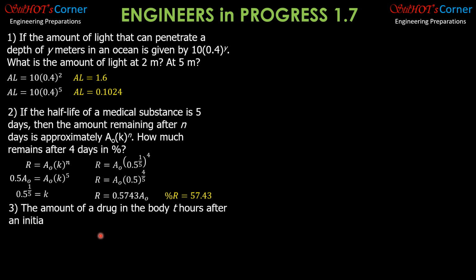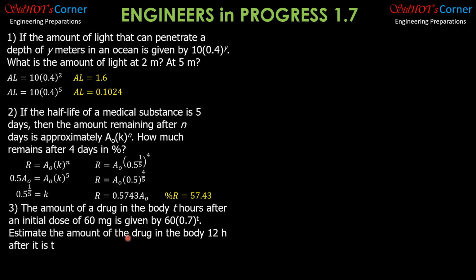The amount of a drug in the body T hours after an initial dose of 60 milligrams is given by 60 times 0.7 to the T. Estimate the amount of the drug in the body 12 hours after it is taken, and also 24 hours after. So it's a matter of substitution again.